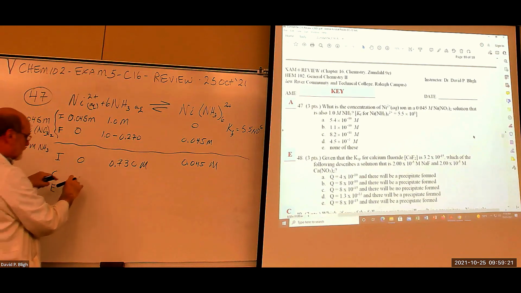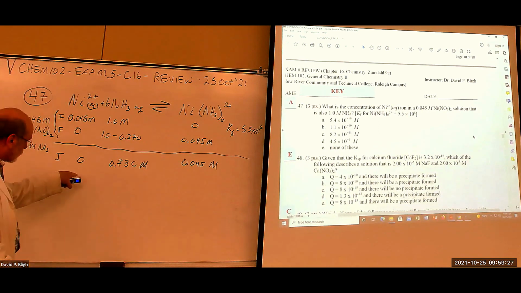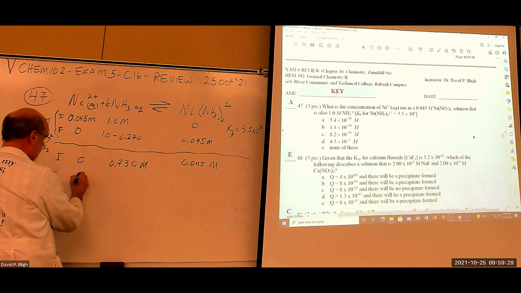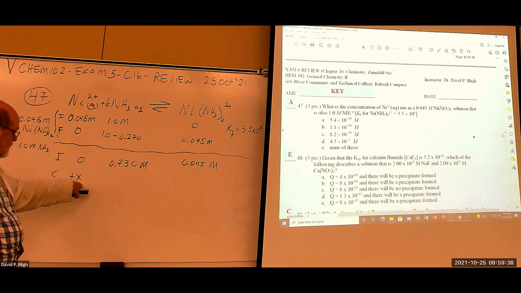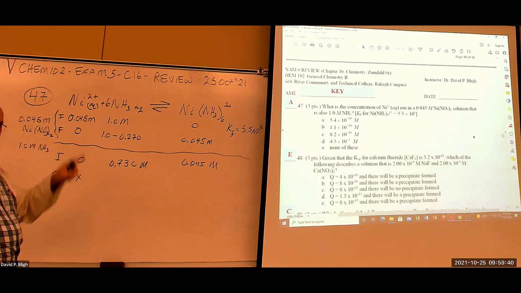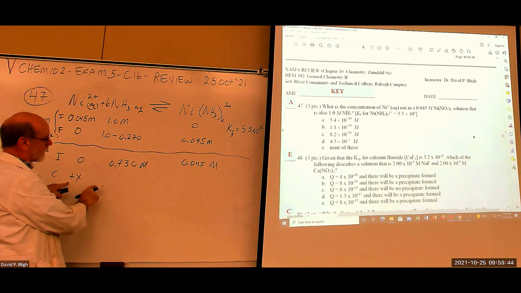Let me go back to the question. What's the concentration of nickel ion in solution? So this is what we're looking for, this change. How much of that now is in solution? It's important to pick your unknowns. If we solve for this, we'll answer the question. So where did this one come from?